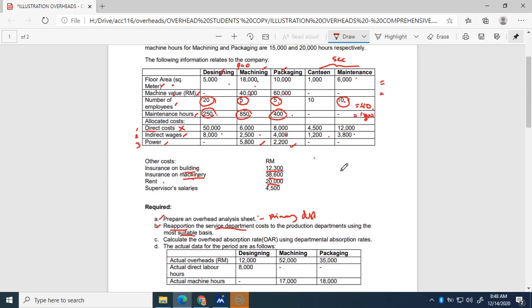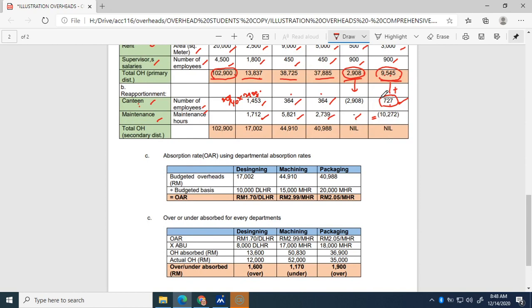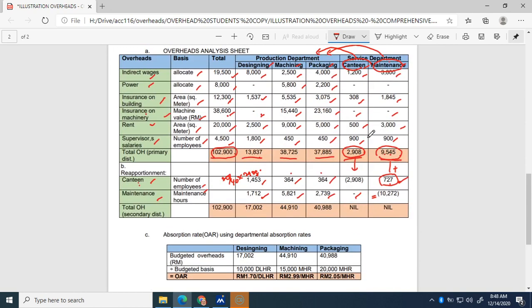Okay, but for canteen, we do not have any maintenance hours. So that's why this is zero value, that portion from maintenance to canteen. No maintenance hours. Okay, now after reapportionment of maintenance, refer to canteen. So canteen, minus 2,908, 2,908 minus 2,908 is 0. Do not receive anything from maintenance, so no overhead from canteen to be reapportioned at this stage now.